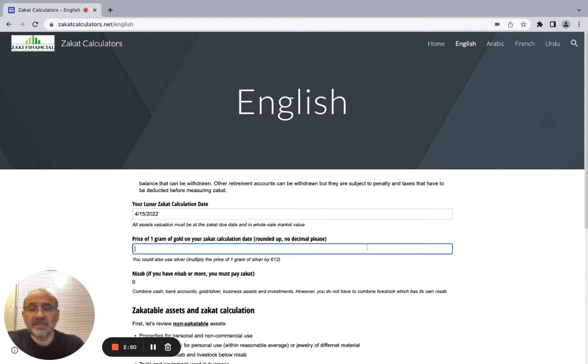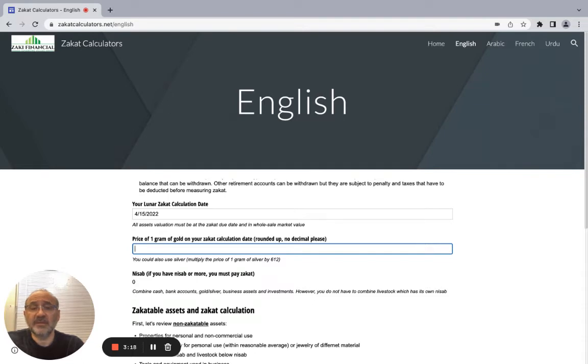As far as the nisab or the threshold of zakat, if you have money less than that, you don't owe zakat on that. If you have money above that, then you start owing zakat. And you can use either 612 grams of silver or 85 grams of gold. Most people use gold, so I put it here in the calculator. However, silver is cheaper.